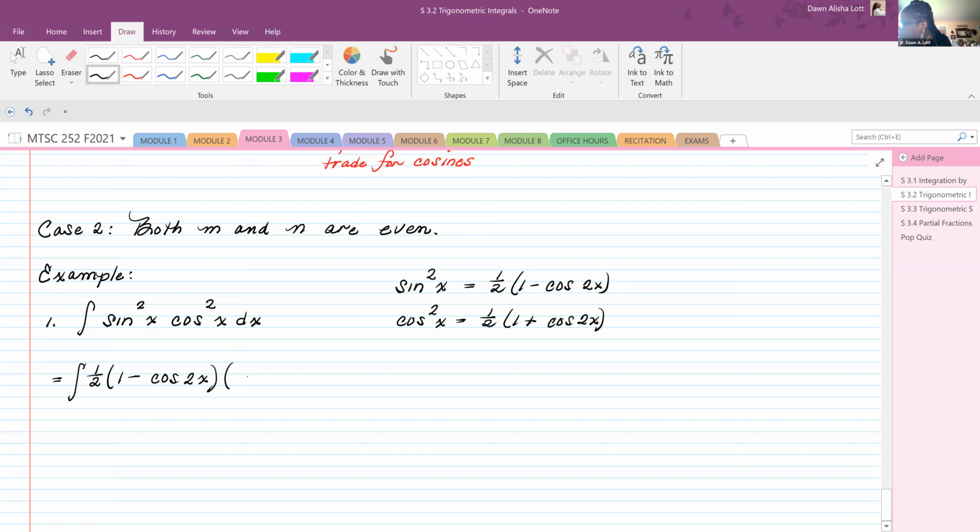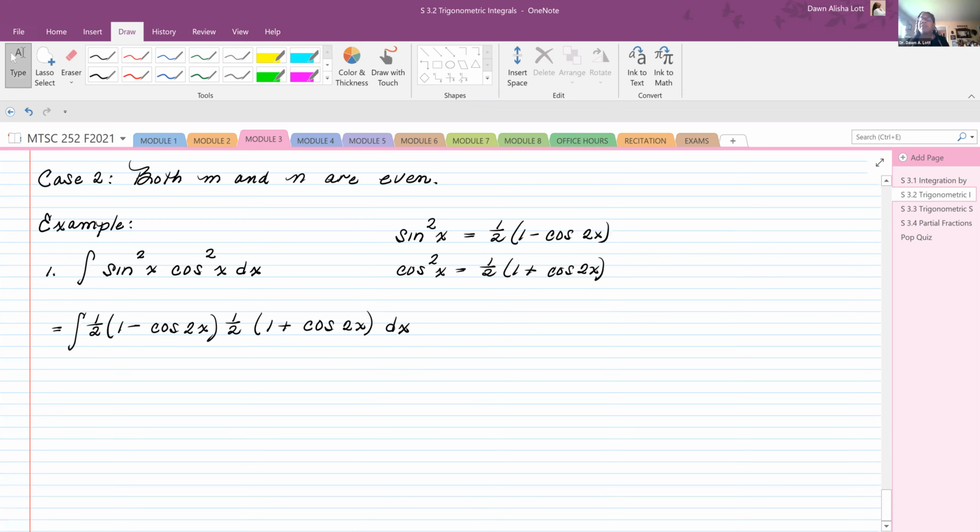Then I'm going to get 1/2 times 1 plus the cosine of 2x dx. So if they're both even, you cannot pull anything off. You can only trade off for the double angle formula.